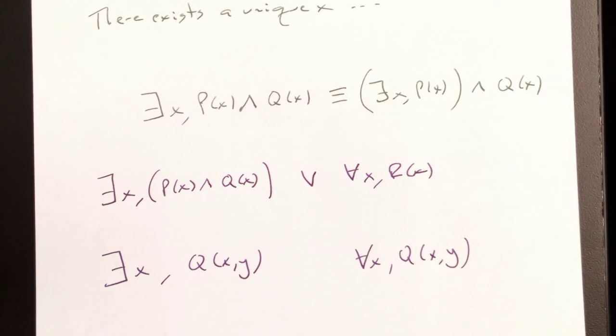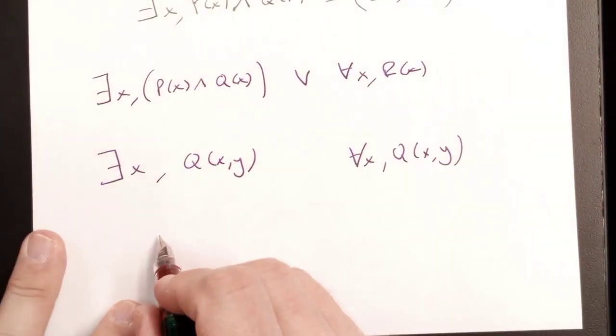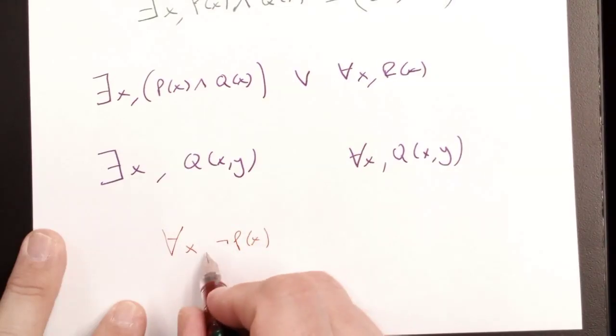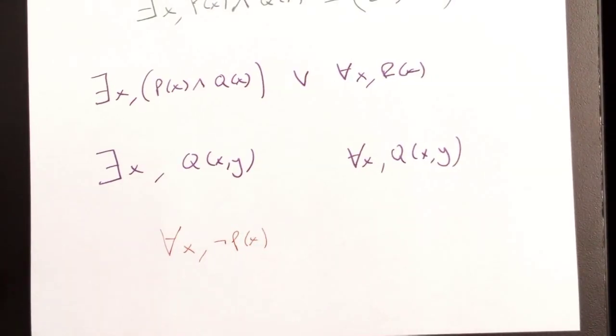Questions? Ian, you asked me about negations. One of the interesting things is where we put our negations and what they mean. So if I write this, that means for every X in the universe, the statement P of X is not true.